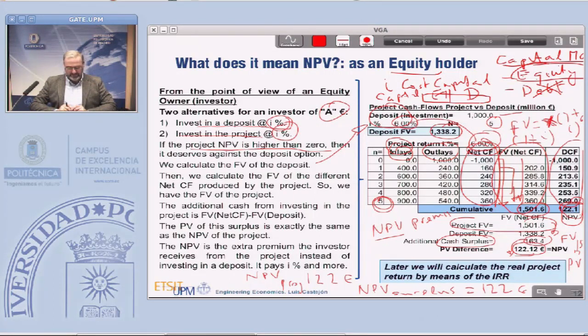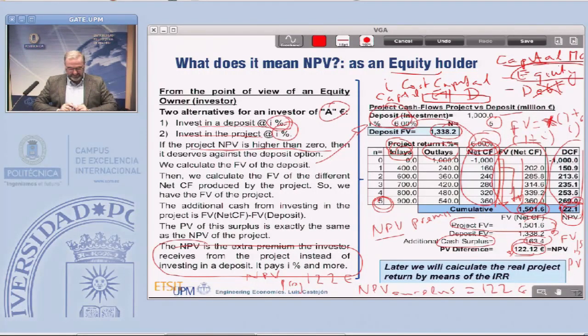So this is the concept of net present value from the point of view of an equity holder. This is the main lesson we can get from that. The net present value is the extra premium the investor receives from the project instead of investing in a deposit.